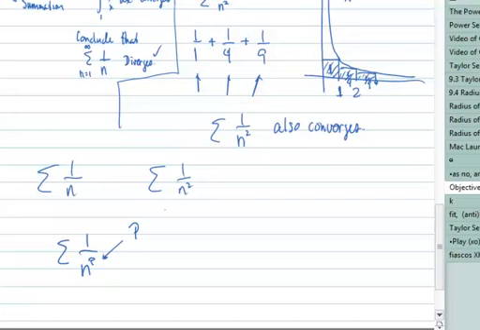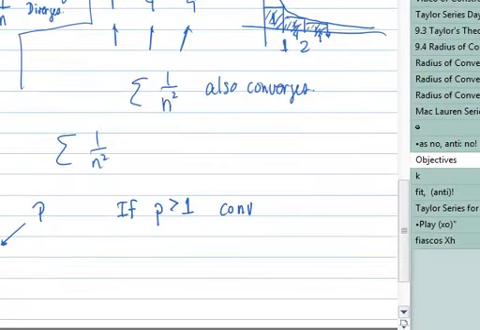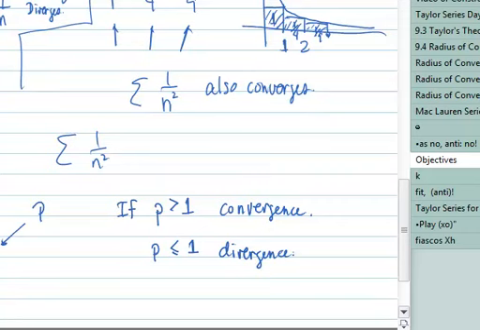So in this case, if p is greater than 1, you'll have convergence. But if p is less than or equal to 1, you'll have divergence. And that's the basic lesson that we want to get out of looking at this rule.